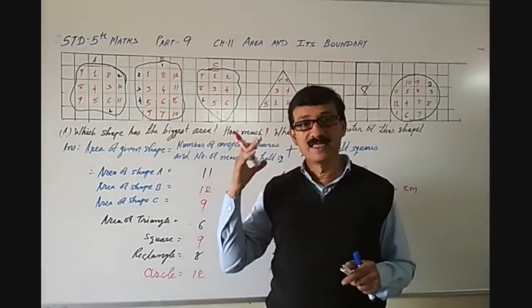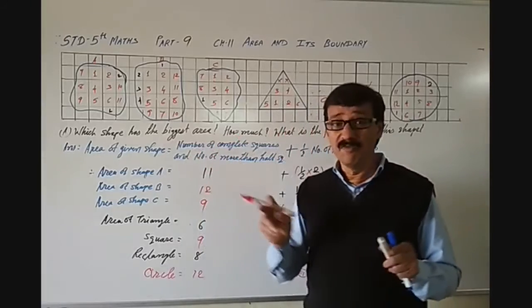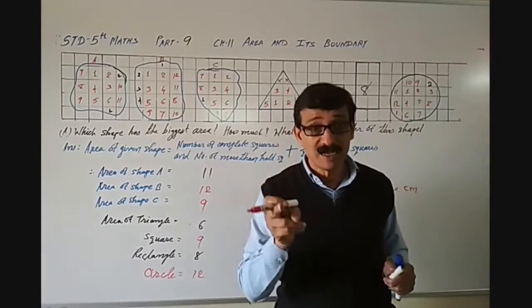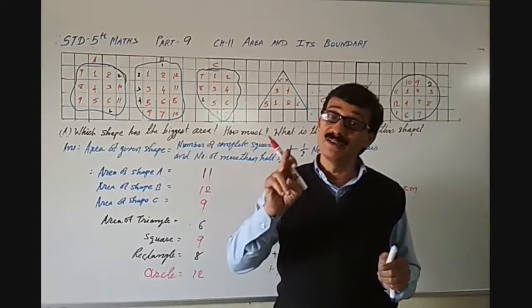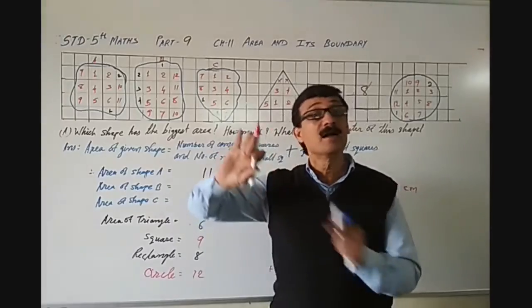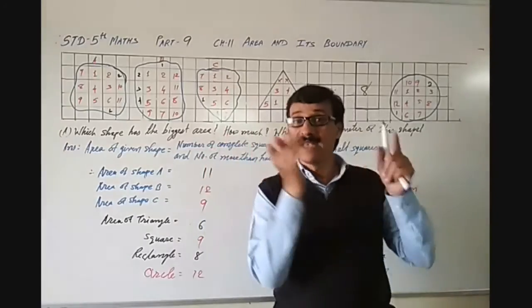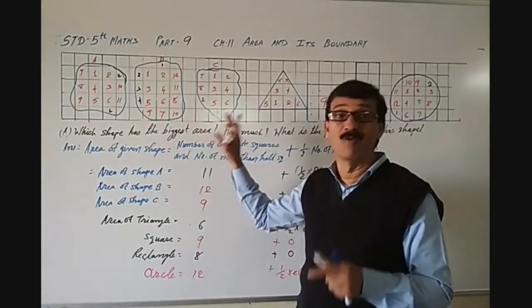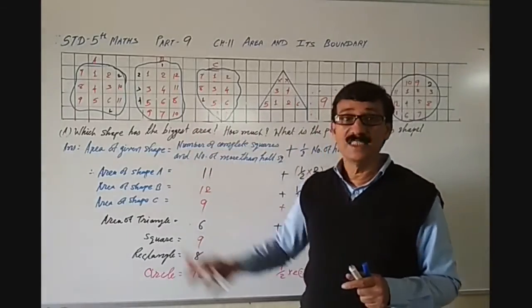We will let them go. We will count only those squares which are complete or more than one half, treating them as complete squares, and the one half squares. So go for this exercise, do it yourself.